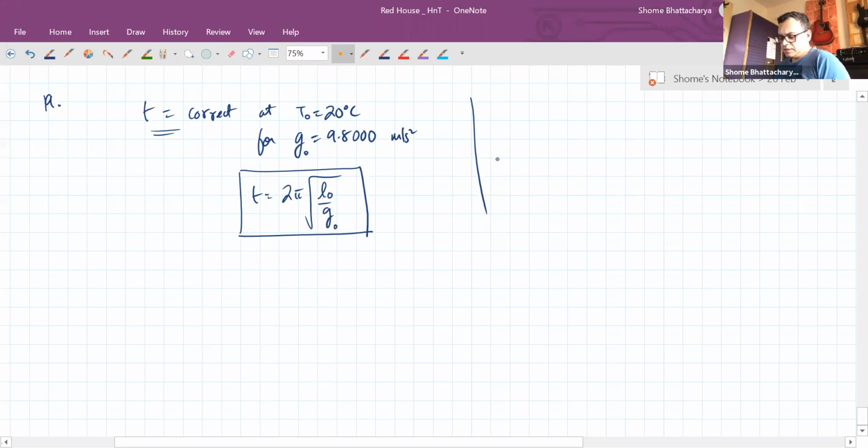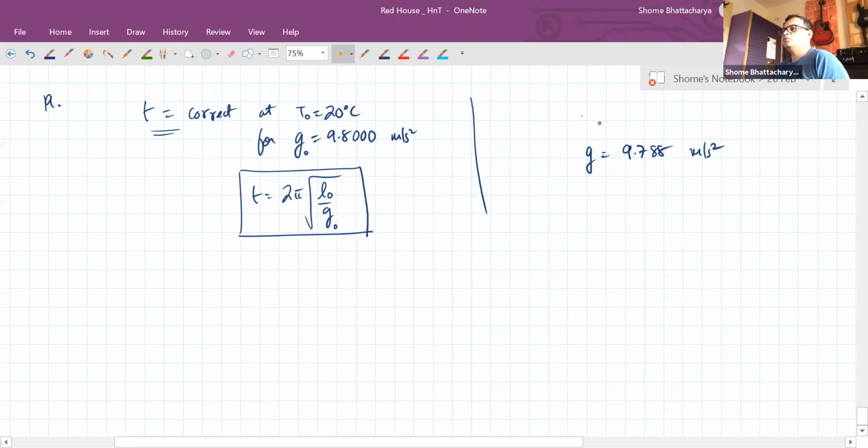Now we are conducting the same experiment at a different place where the value of G is different. So it's probably at a significant altitude above the Earth's surface. So G is reduced to 9.788 meters per second square.